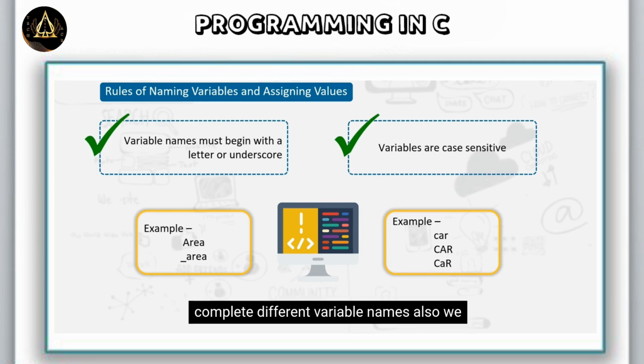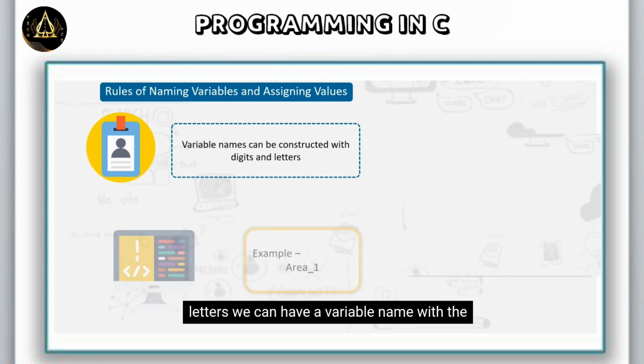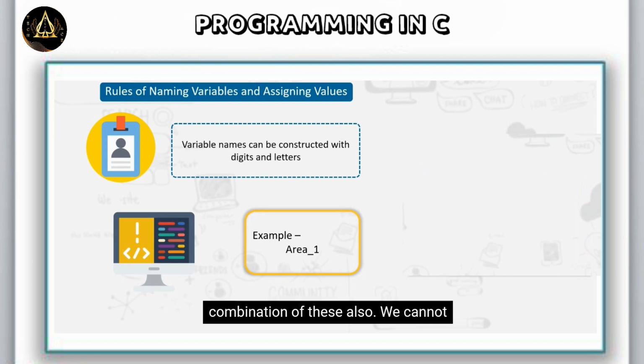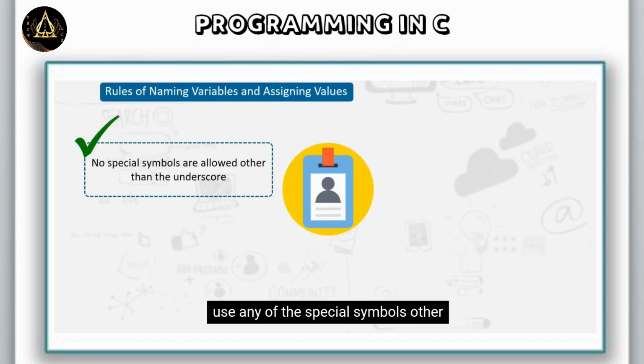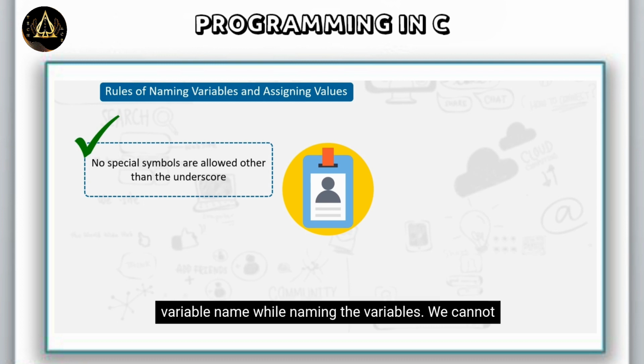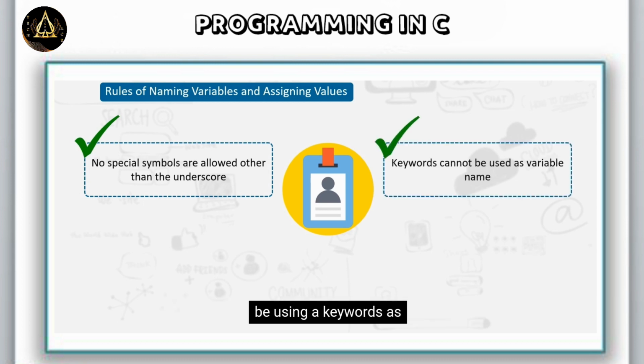Also, we can have variable names that are constructed with digits and letters. We can have a variable name with a combination of these. Also, we cannot use any special symbols other than underscore while constructing a variable name. While naming variables, we cannot use keywords as variable names.